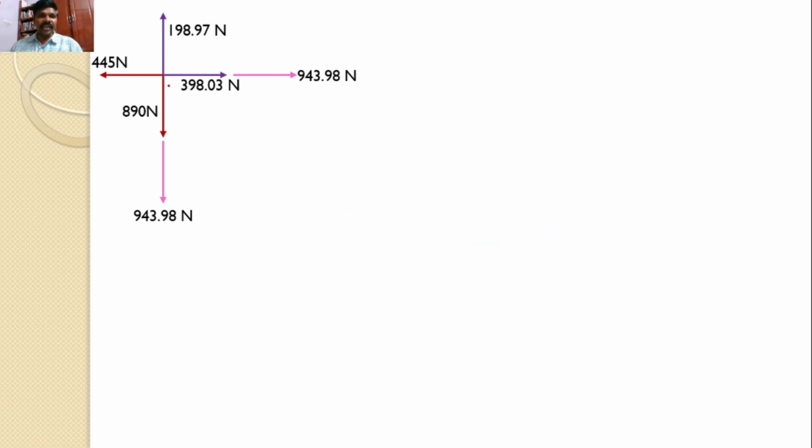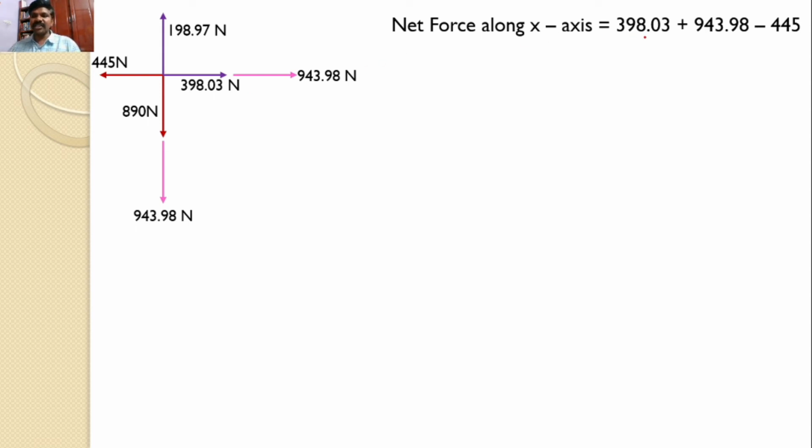Let us calculate the net force acting along the x-axis. 398.03 and 943.98, these two forces are acting along the positive x-axis. 445 newtons is acting along the negative x-axis. That means the net component of force along the x-axis is equal to 398.03 plus 943.98 minus 445, which gives the value of 897 newtons.